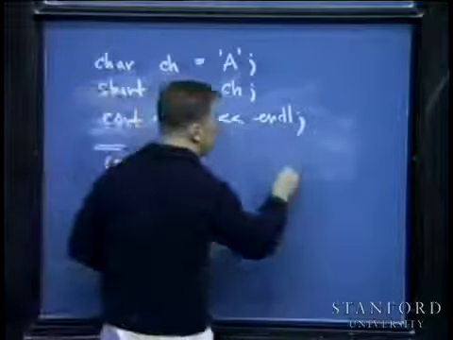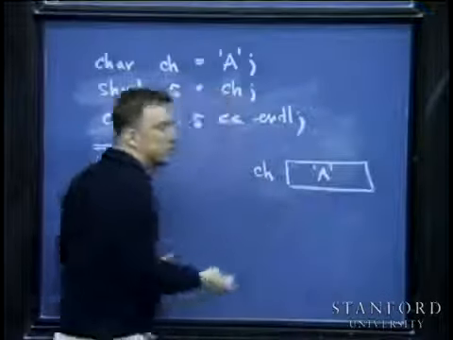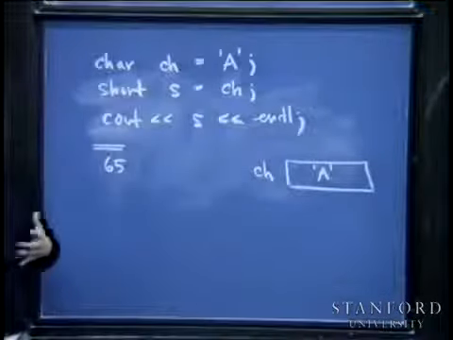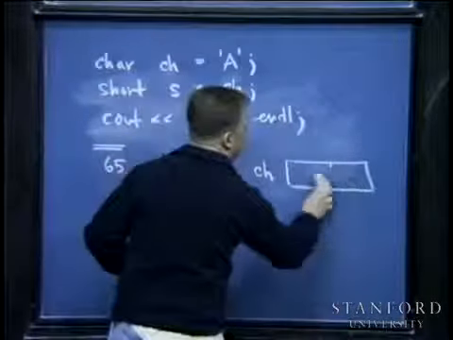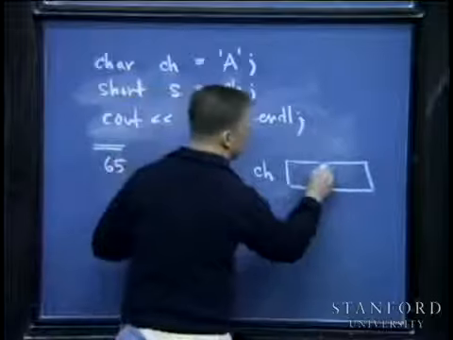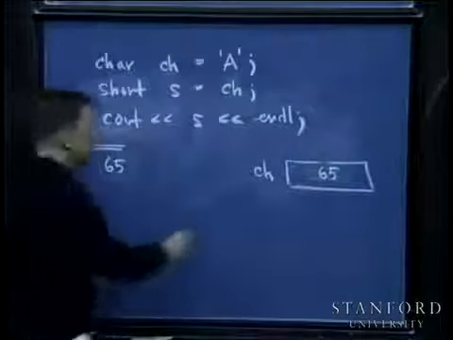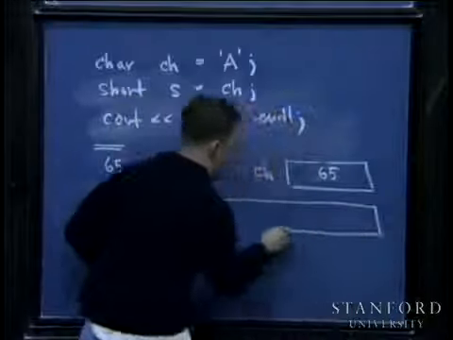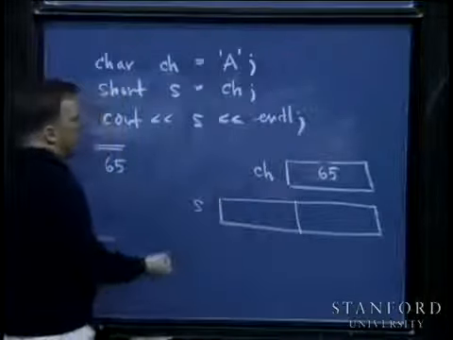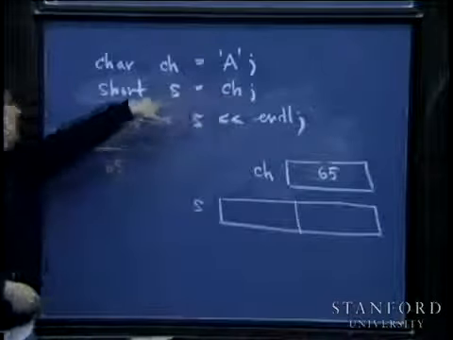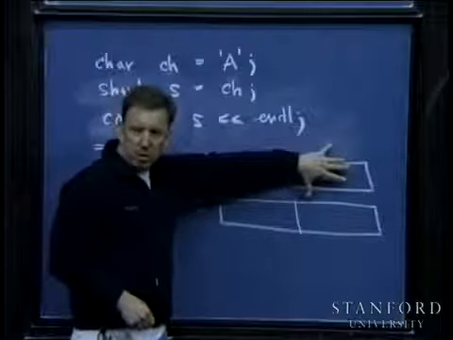Because the declaration of ch doesn't put a capital A there. It puts the integer value that backs it there, which I will draw as decimal. You know that it's really 1s and 0s. And so when time comes for you to assign to S, in order to achieve the effect of the assignment, it will copy this bit pattern, and this is what it really does electronically.